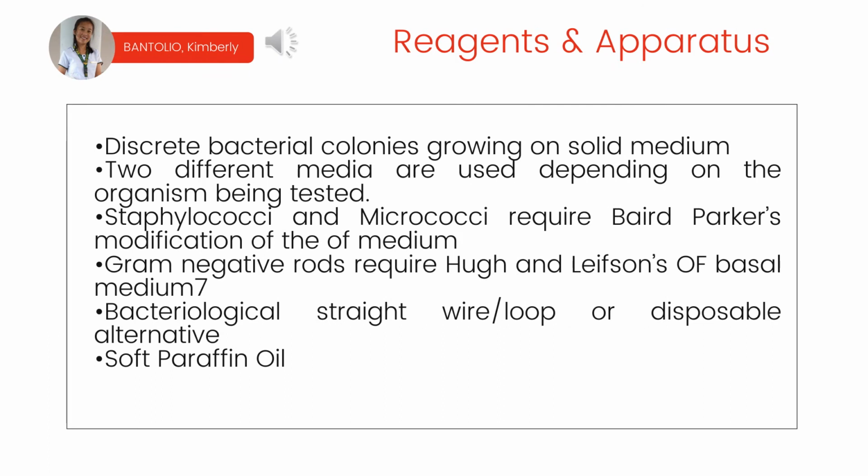For the reagents and equipment that we are going to use in the experiment, I prepared discrete bacterial colonies growing on a solid medium. Then two different media are used depending on the organism being tested. The bacteria to be used in this experiment are Staphylococci and Micrococci.